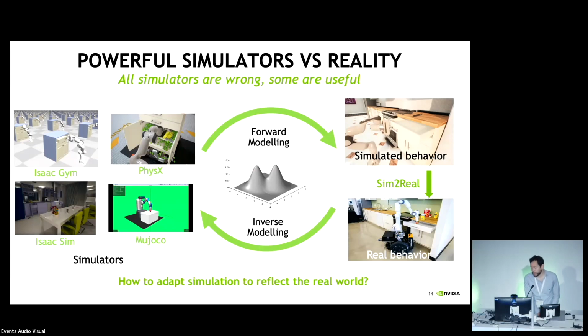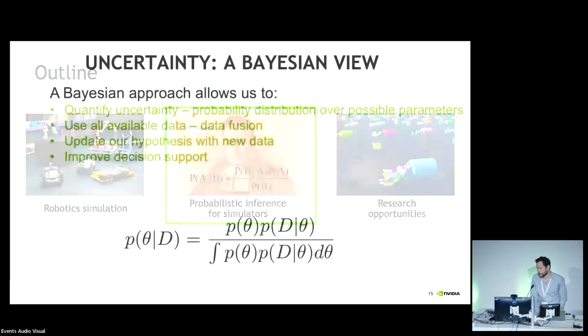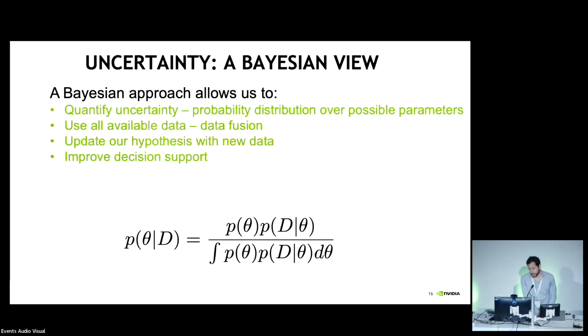So how to adapt simulation to reflect the real world, including this notion of sets, the sets that correspond to the possible physical values of the variables in the simulation. That's why we want to connect simulators with probabilistic inference. This is a tutorial on simulation, but probabilistic inference is very important.